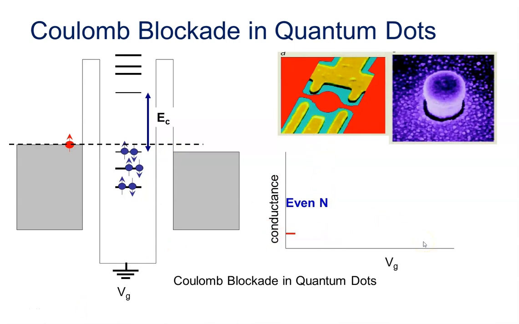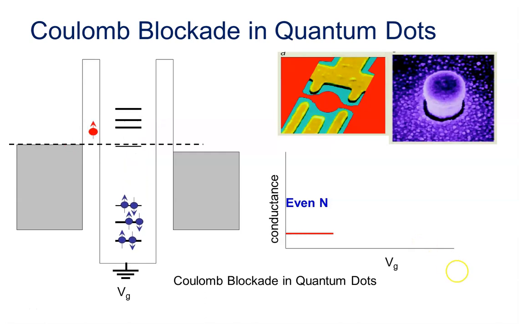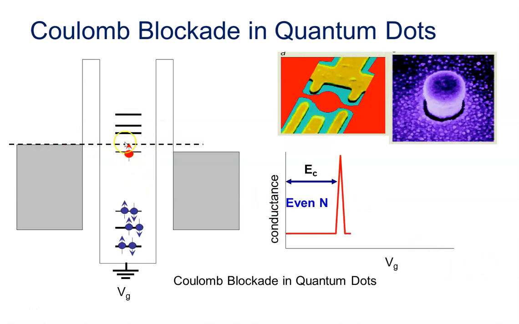And every time there's a peak, it means that the number of electrons inside the dot changes by 1, okay? Because the lowest energy is obtained when you have 1 electron more.